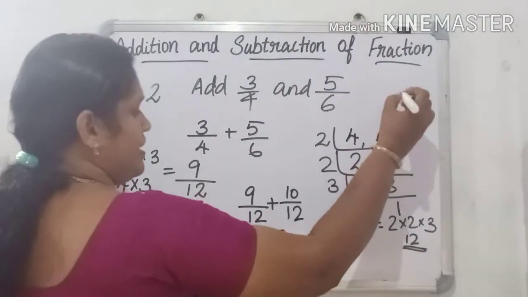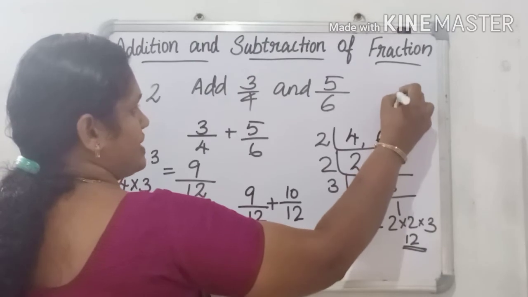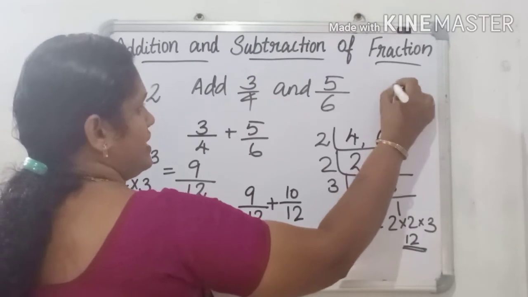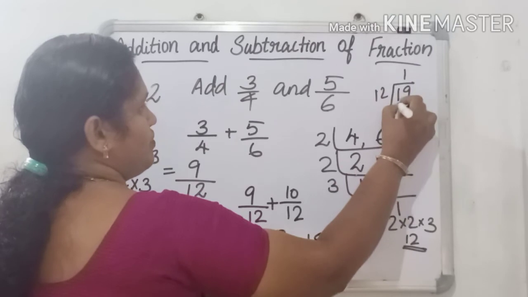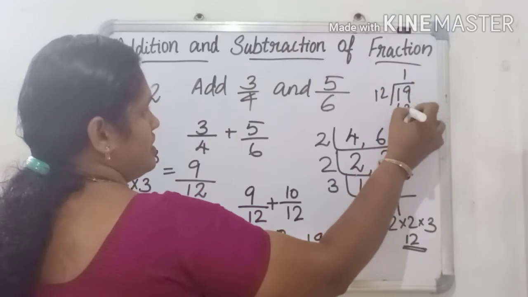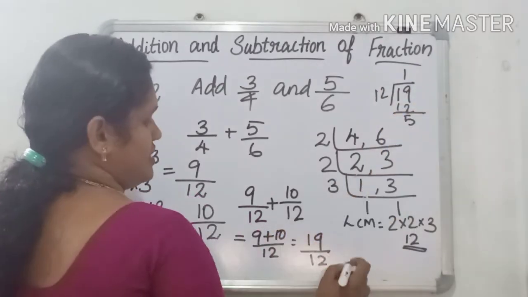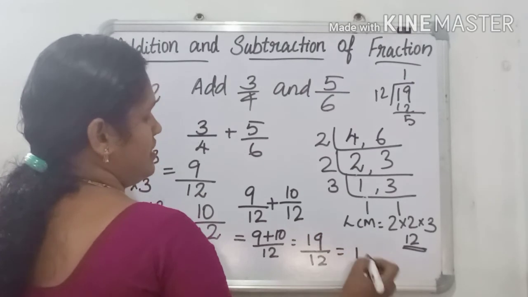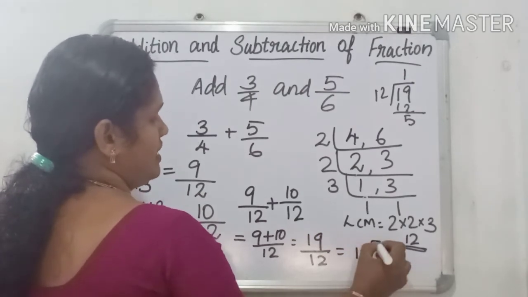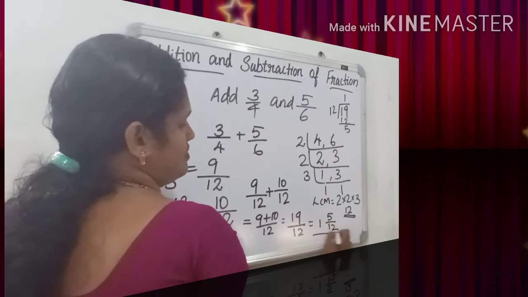We can convert them into mixed fraction. 19 divided by 12. 1 12s equals 12. Remainder 5, which is equals 1 5 by 12.